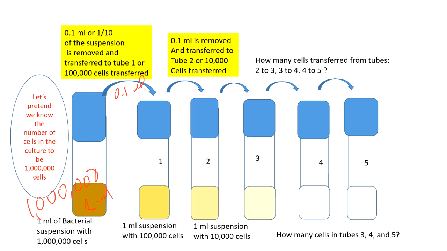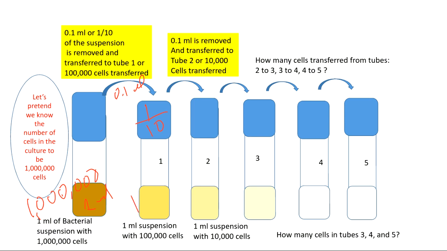So you're going to make a 1 to 10 dilution, which means that this tube is going to have a tenth of the original tube, or just knock off a zero, so that gives you 100,000. That was a million.